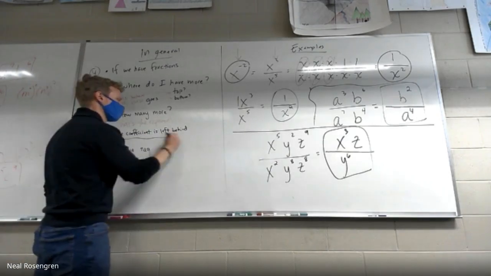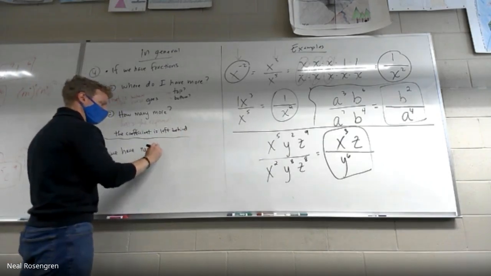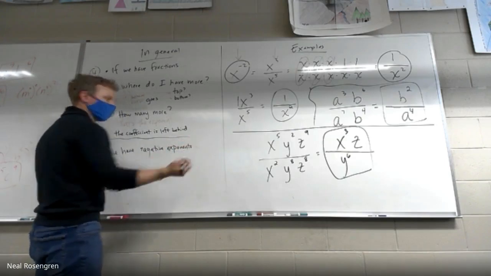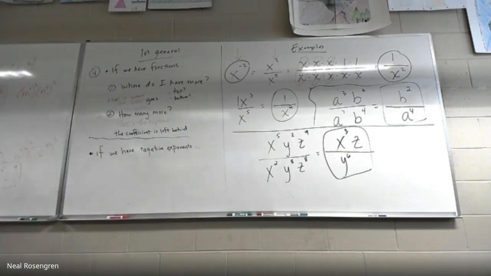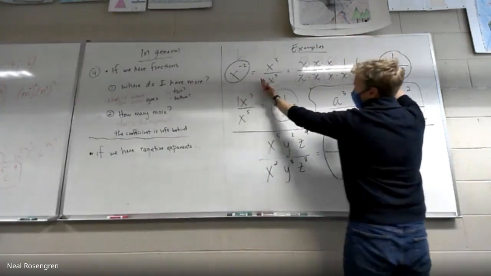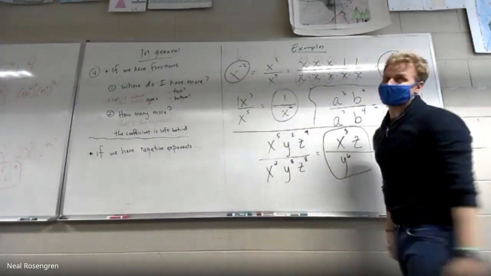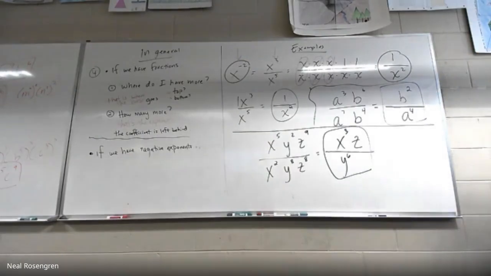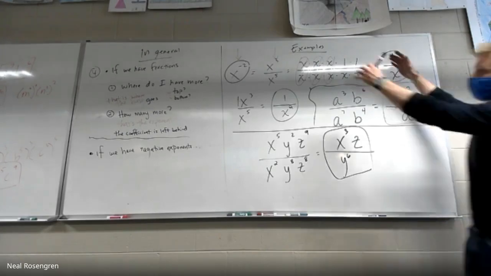Okay. Now here's the second part of this that gave us this whole problem in the beginning. What if we have negative exponents? I want to skip all of this craziness in between. I don't want to do any of that. I want to jump right from x to the negative second to 1 over x. So what do you think is happening there? That we can skip everything in here.